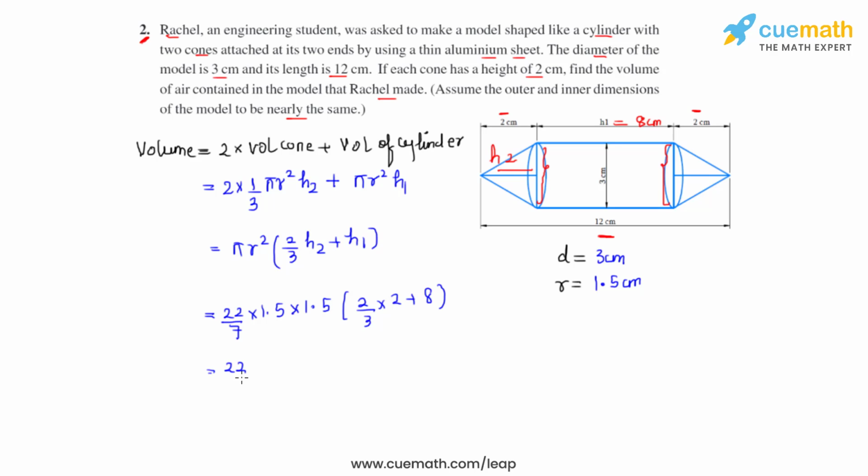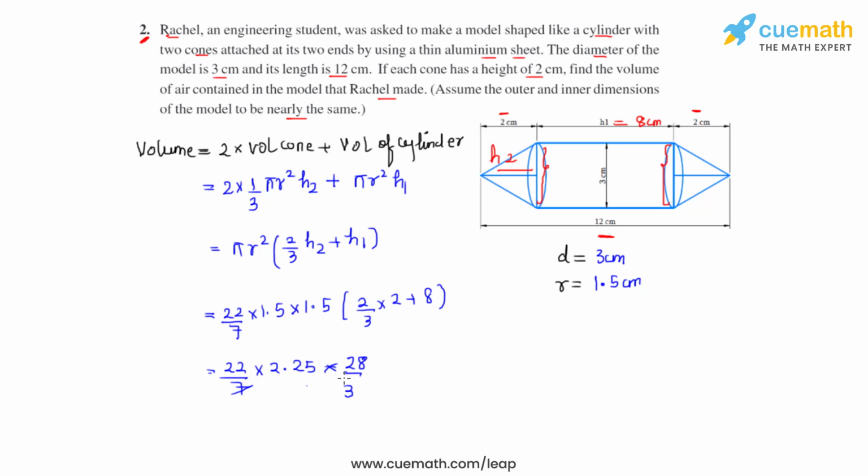Now that gives us 22 by 7, 1.5 times 1.5 gives us 2.25, times 2 by 3 times 2 gives us 4 by 3. 4 by 3 plus 8 will give us, by taking the LCM, the answer as 28 by 3.